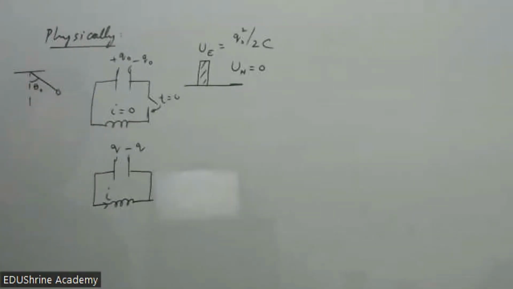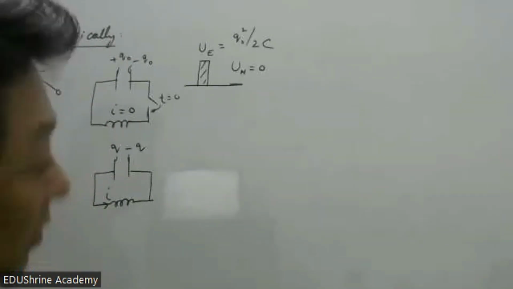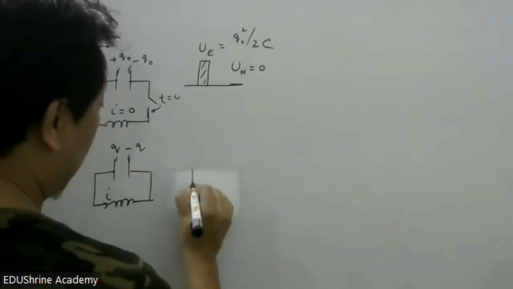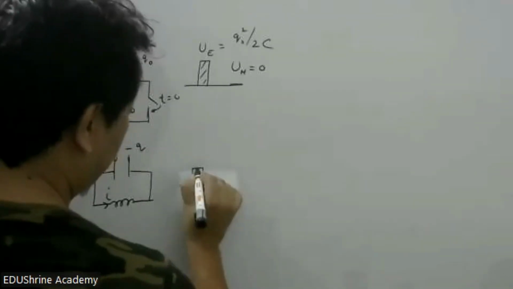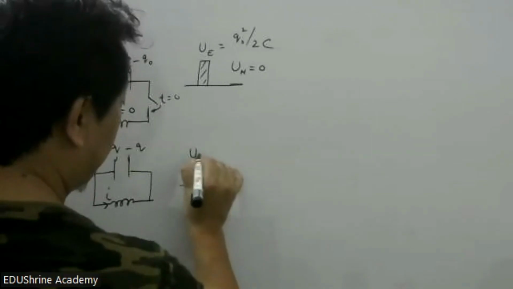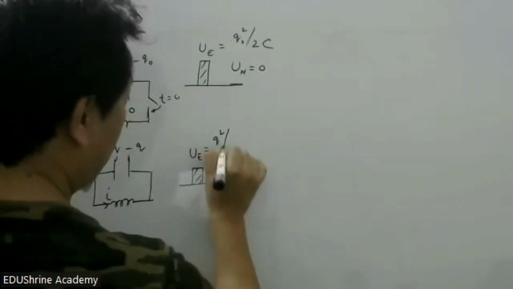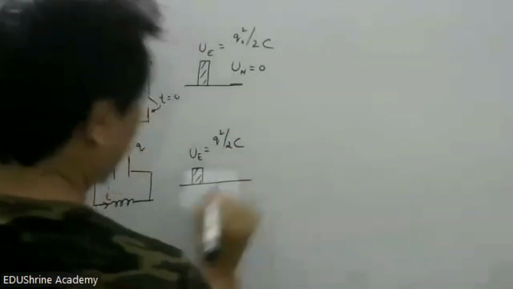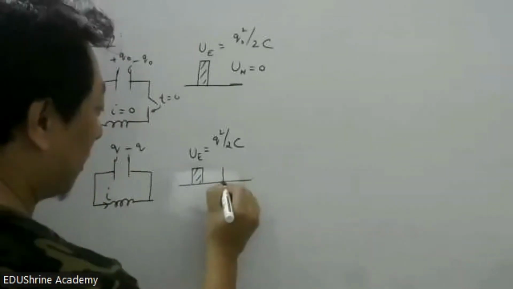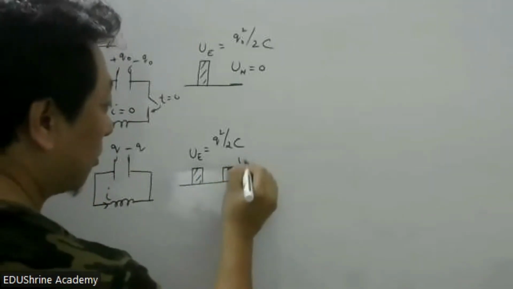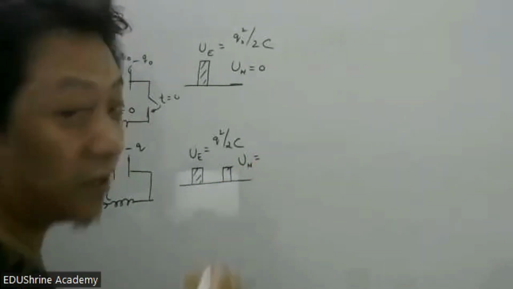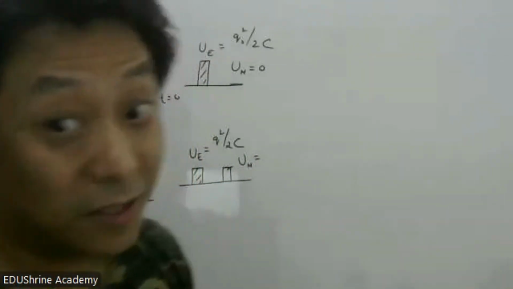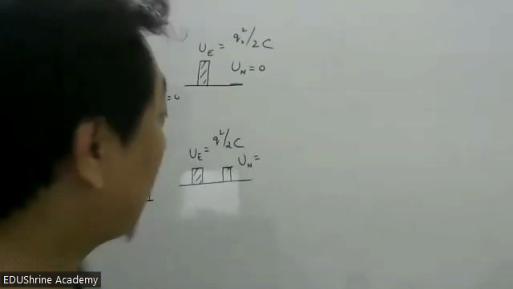So, since the charge from here to here decreased, it is similar to saying electrostatic energy decreased. Right? It is Q square by 2C now. What about magnetic energy? It will increase. Who remembers the formula for magnetic energy? It is similar to the kinetic energy formula, which I derived last class. You tell.